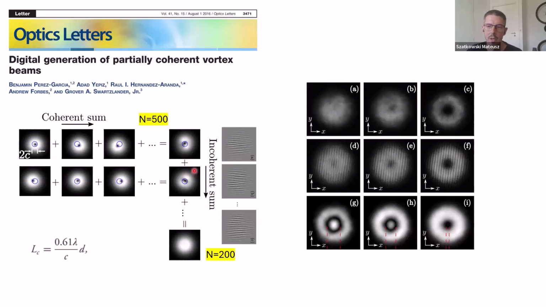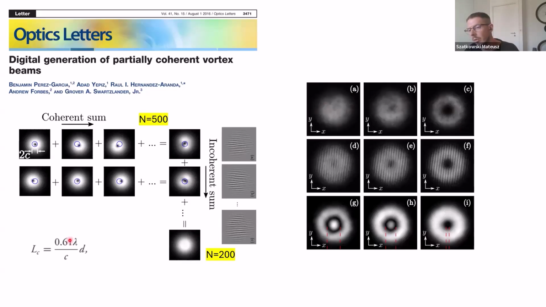And what they did later is display these holograms in a loop on the spatial light modulator. So you can see the experimental results here, and this is the intensity of two cases, where this is non-coherent, partially coherent, and coherent case, and the coherence is controlled.